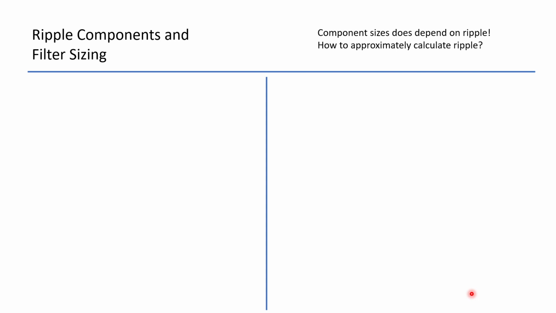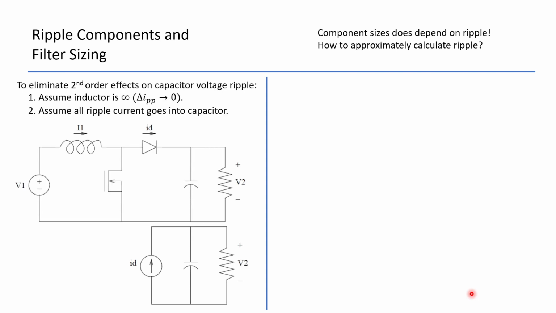So how do we approximately calculate ripple? You are going to see the process to calculate ripple, but it's not exact, it's just an approximation. Now, because you have two storage elements, and you have seen so far that if you derive the governing equation for an RLC circuit, you get a second order differential equation.